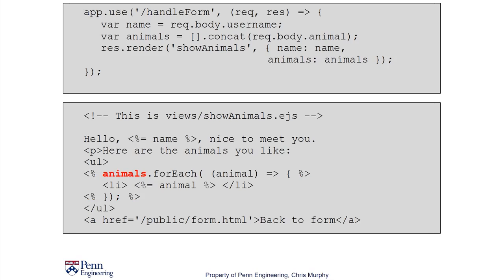The forEach function will be called on our animals array, which came from the argument when we called render, and for each animal, we're going to invoke this function that's going to create the list item tags and then put the name of the animal in between them. Last, you may remember in our JavaScript, we had to construct this link using different types of quotation marks. Here we don't have to worry about that anymore. It's just a regular link.